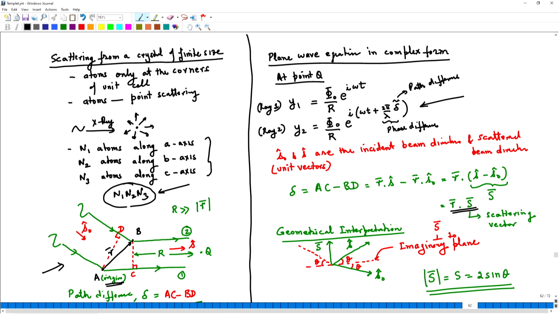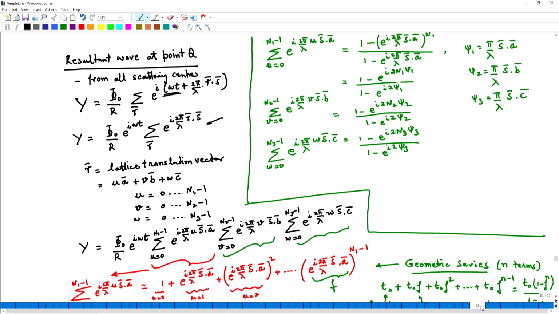Based on this, we went further and determined what would be the resultant wave at point Q, which is given by summation over all the r vectors, where the r vector itself is a lattice translation vector uA plus vB plus wC, and we have in this case the scattering centers only at the corners of a primitive unit cell.